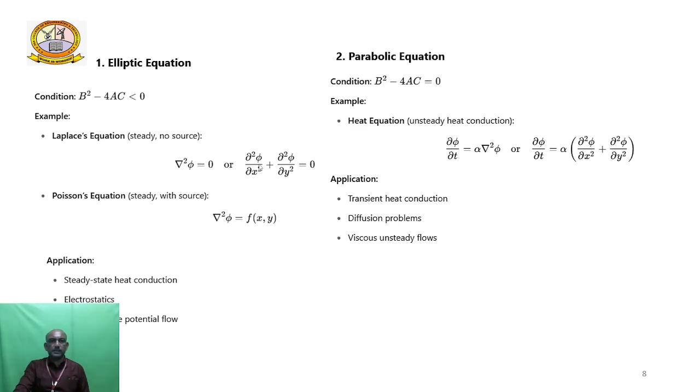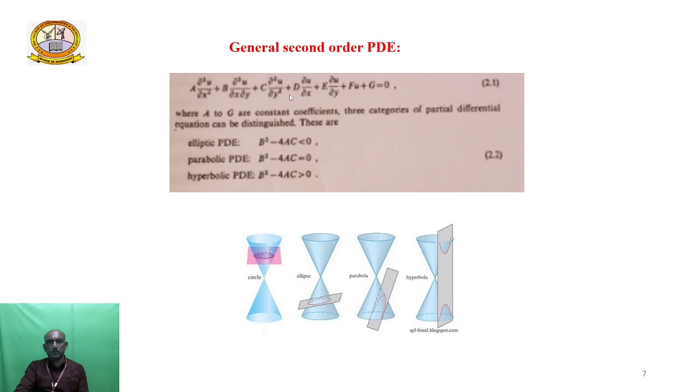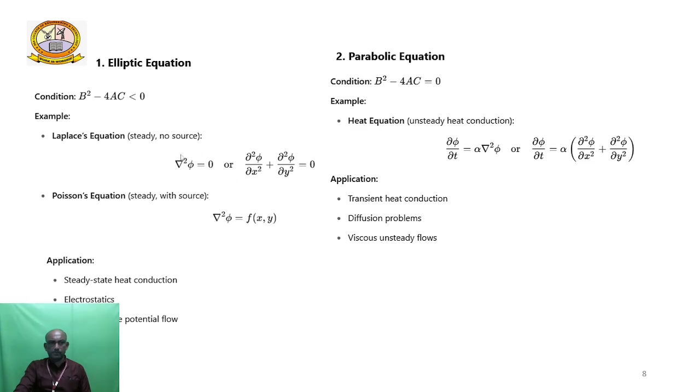In the equation, the coefficient of the second order ∂²/∂x² is a, so a equals 1. Similarly, the coefficient of ∂²/∂y² is c, so a and c are both 1. But in this equation there is no ∂²/∂x∂y term, which is the coefficient b. The term is not available, therefore b equals 0.